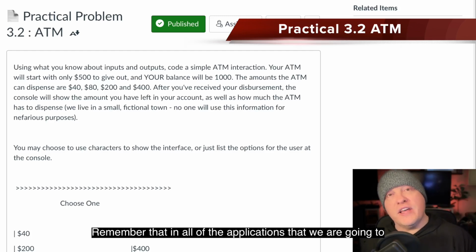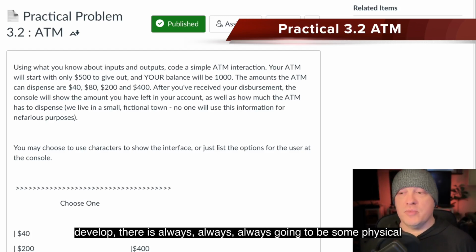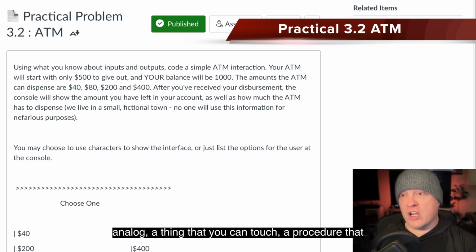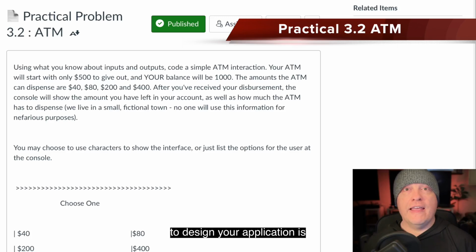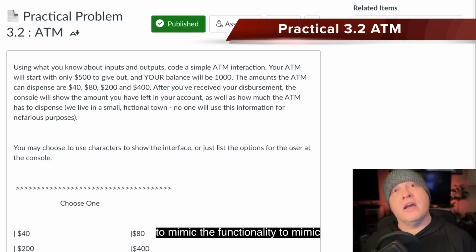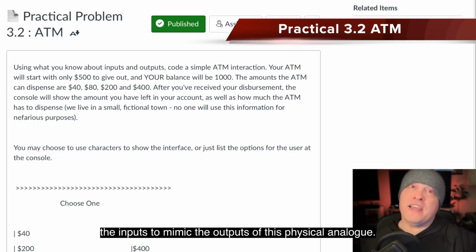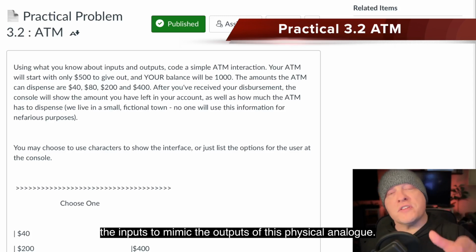Remember that in all of the applications that we are going to develop, there is always going to be some physical analog, a thing that you can touch, a procedure that your end user is going to be familiar with. And the absolute best way to design your application is to mimic the functionality, the inputs, and the outputs of this physical analog.